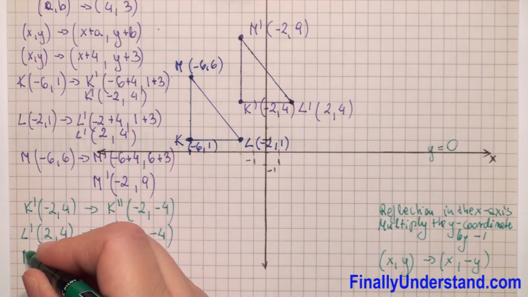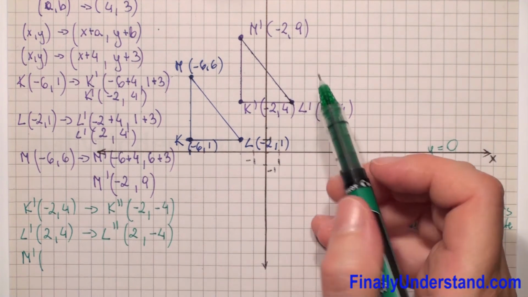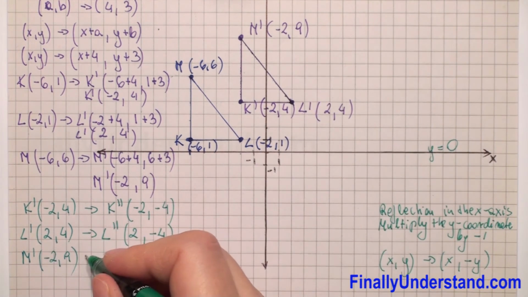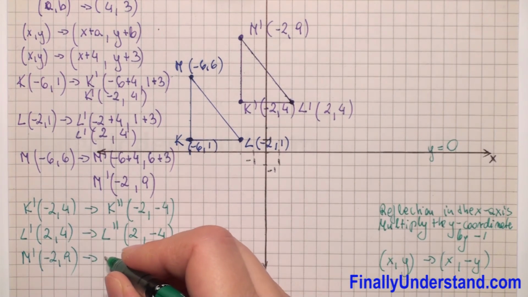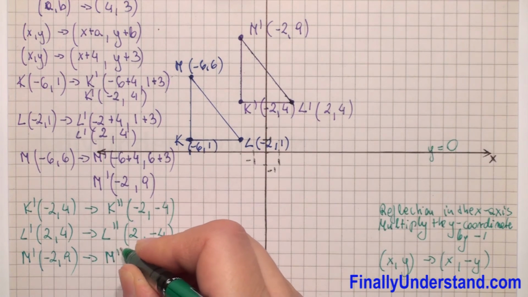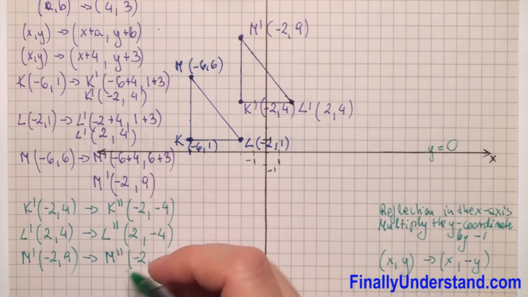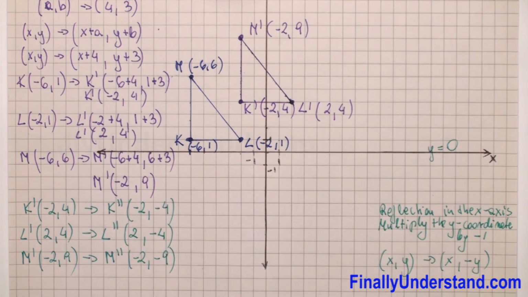And M prime has coordinates -2, 9. So after reflection we will have M double prime, first coordinate stays the same, and the second will be 9 times -1, which is -9.